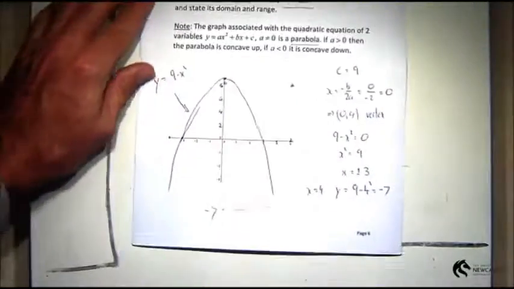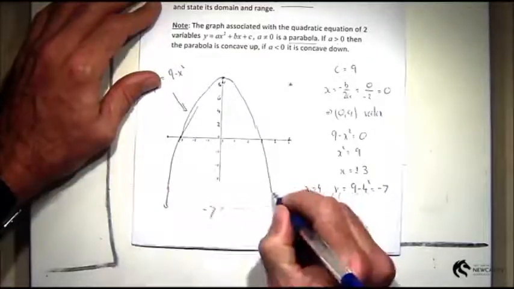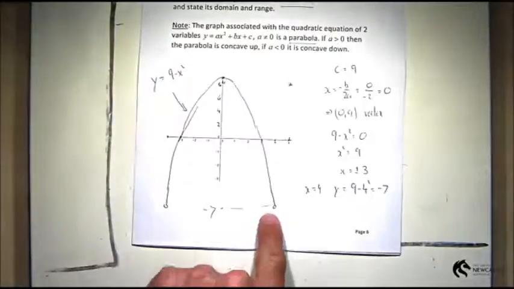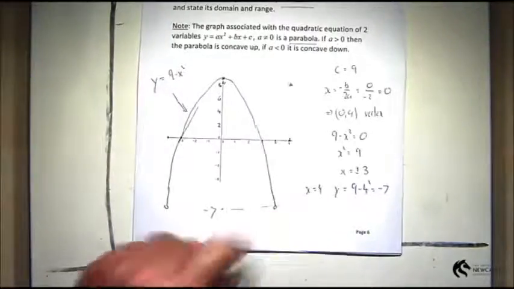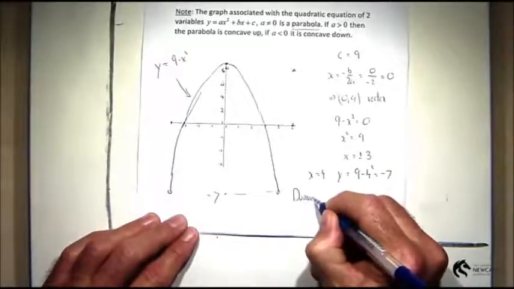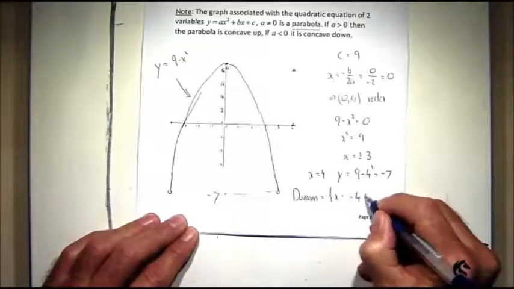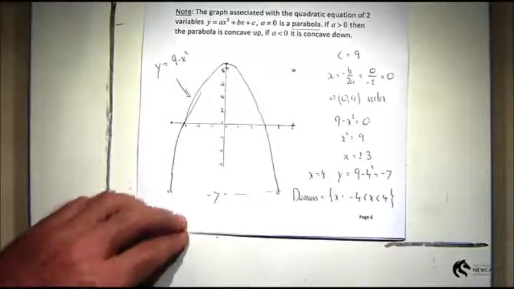And so what we would do down here is we would actually put an open circle on our graph to say the graph goes up to that point but doesn't actually include that point in there. So our domain, in this case, it's given to us already. We didn't have to work that out. It's the set of x values such that x is between -4 and +4.